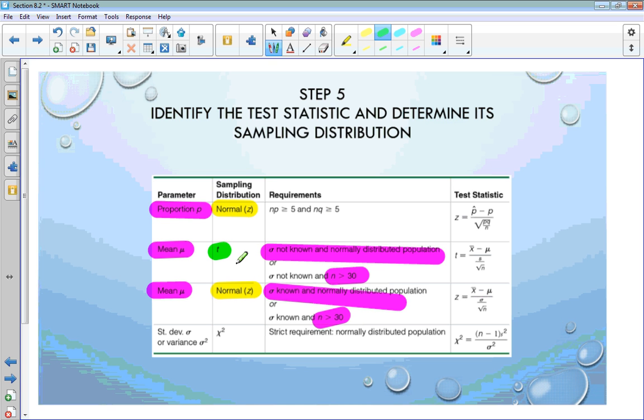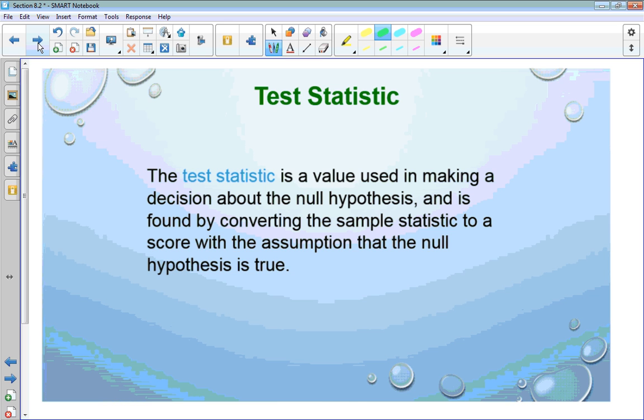So that's how we're going to determine which test statistic to use for that distribution. The test statistic is the value used in making the decision about the null hypothesis. We want to make sure whatever our sample is about, we are converting it to that sample statistic, the Z or the T.